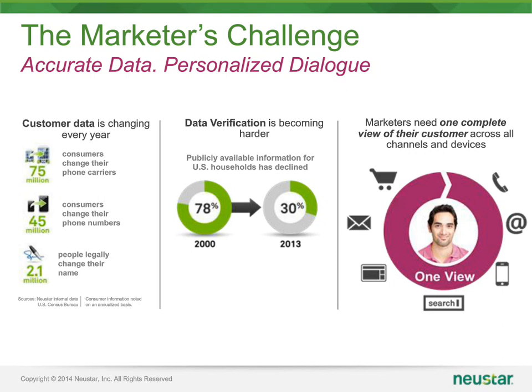So as marketers are trying to target consistently, the challenge of knowing who your customers and prospects are is difficult because of the amount of change. And then coupled with that, the amount of public data that is available to verify all of these data points is decreasing dramatically, as the middle graphic illustrates.